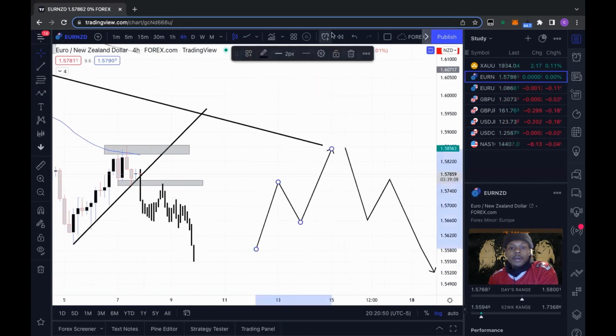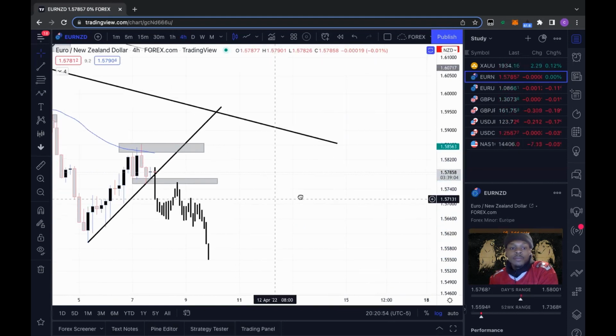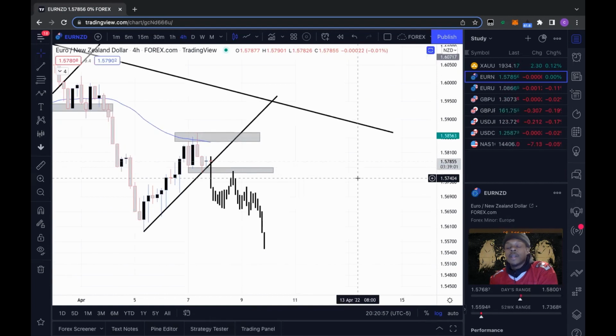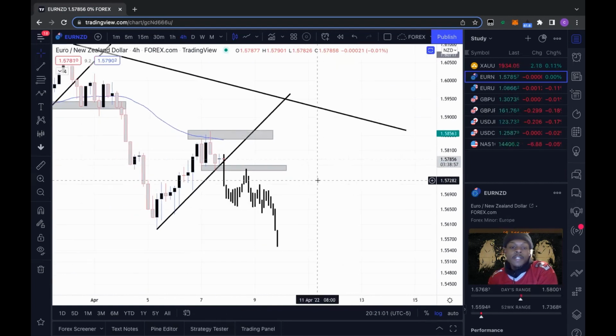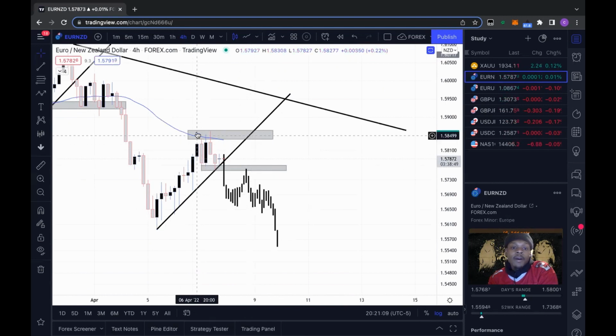Now, in other terms, some may call it a break and retest, right? So here, like I was saying, we have our uptrend right here, our secondary trend, which is this uptrend. We have our resistance, we have our support, right?